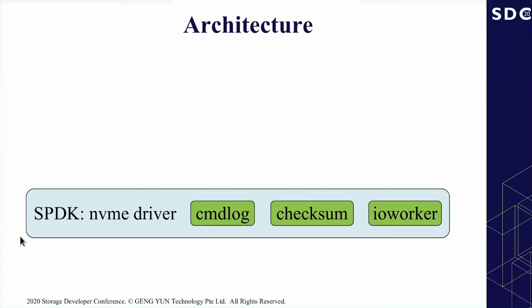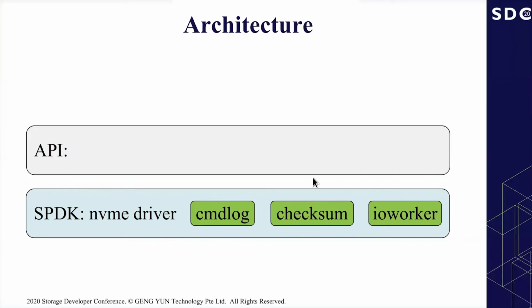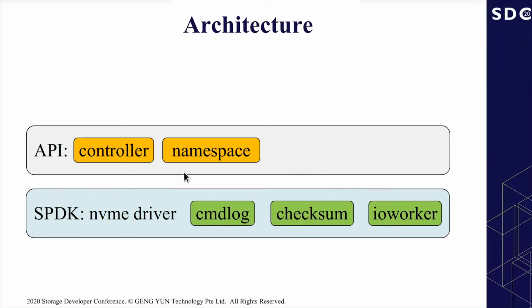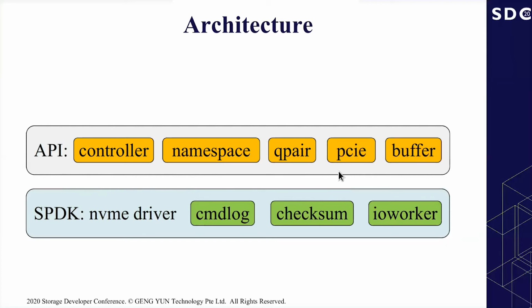We wrap all these features and functions in Python classes: controller, namespace, queue pair, PCIe, and buffer. Users write their test scripts with this Python API.